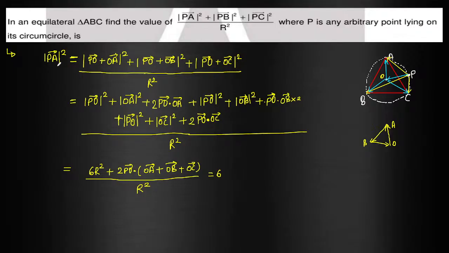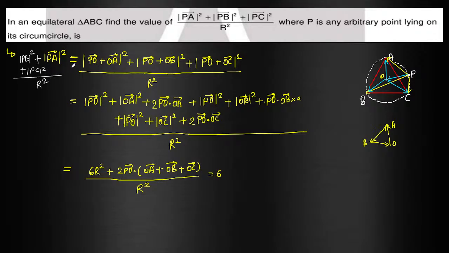So we can consider PA whole square is PO. No, this is the summation of everything. PA plus PB plus PC by R square.